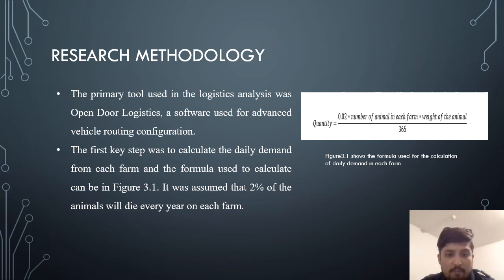The first key step was to calculate the daily demand for each farm, using the formula shown in figure 3.1. Quantity is equal to 2% of the number of animals dying in each farm, multiplied by the weight of the animal, and divided by 365 for the whole year. The 2% was an assumption that 2% of the animals will die in each farm.